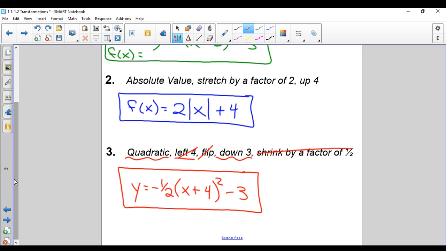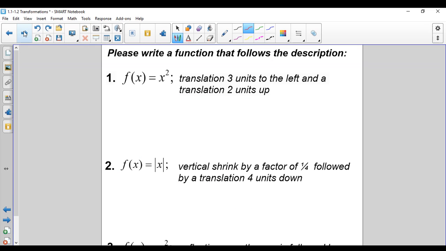Next slide. Same thing, using the newer vocab that we talked about this week, but it's just giving you the same information in a different way, some new wording. This tells me it's a quadratic. Translation 3 units to the left, so that's left 3, and translation of 2 units up, so it's up 2.